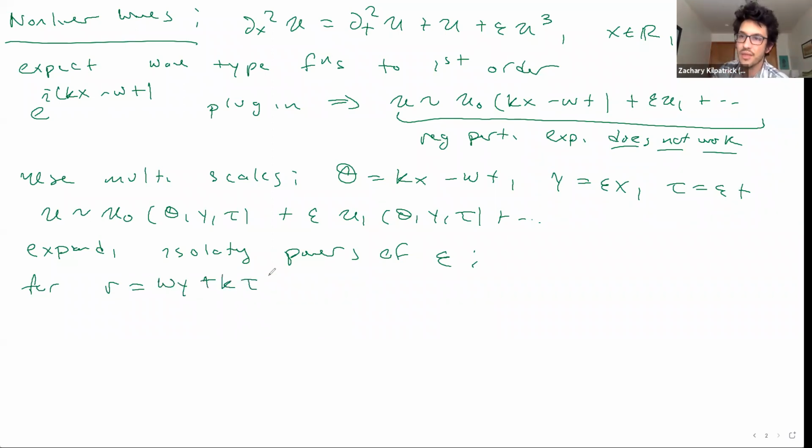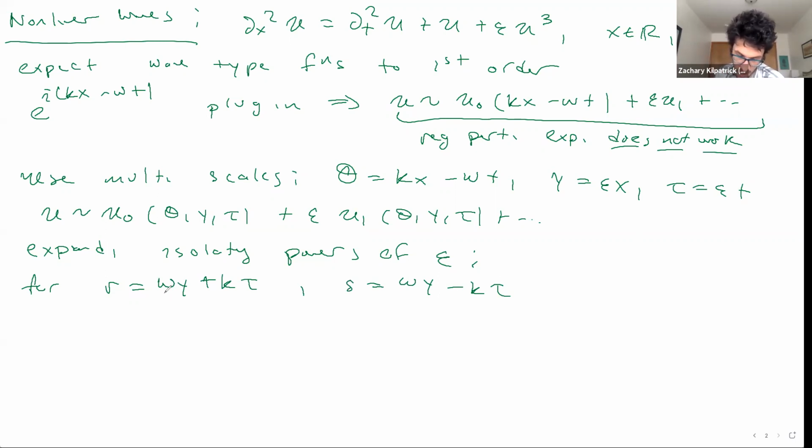This is like the slow or stretched scale characteristics now, S equals ωy, κτ. This is like taking your characteristics and multiplying them through by epsilon.